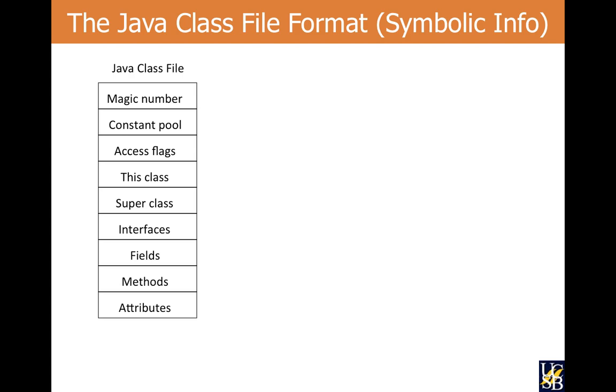And then we have other information about the class, like the access flags, whether it's publicly accessible, part of some package. You have the references into the constant pool for the name of the class, the name of the class's parent, its interfaces, all of its fields and methods, and any type of other attributes it may have.